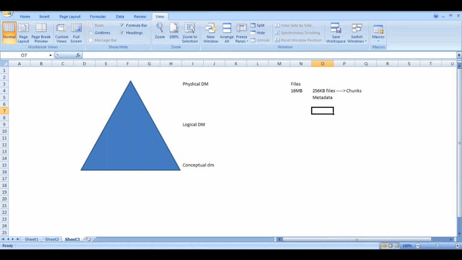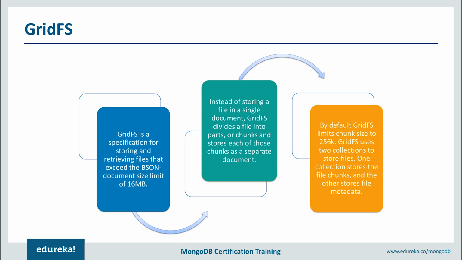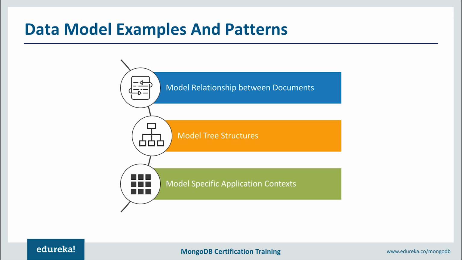And whenever the user asks, it will combine the data and send it back to the users based on your requirement. For storing the movies, for storing any file which is more than 16 MB, GridFS is the right choice. Apart from database modeling, or apart from your embedded model or reference model, there are some more examples and patterns available in MongoDB.